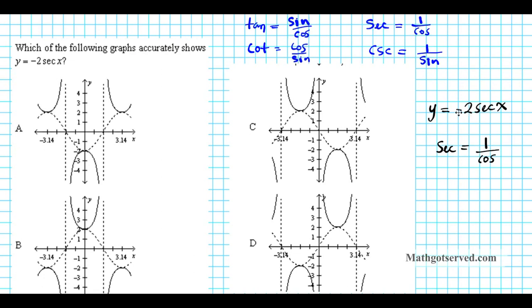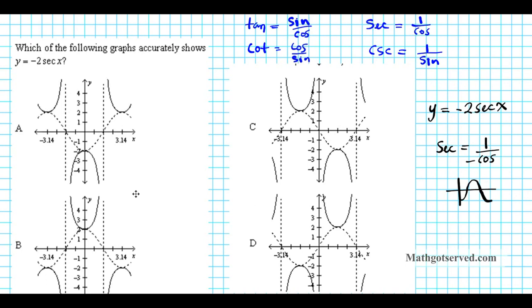But we have to be careful here, there's a negative. Okay, so we're going to be looking at the negative cosine. So what does a negative cosine function look like? Remember, the positive cosine is like a cup opening up, so the negative cosine is like a cup upside down.